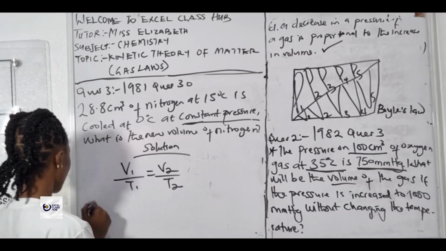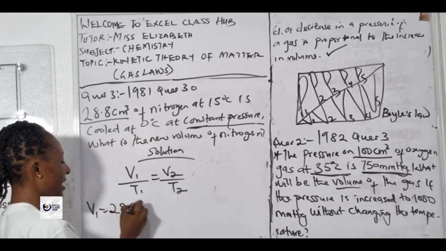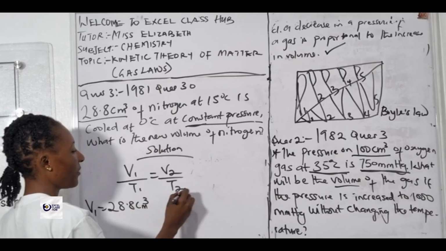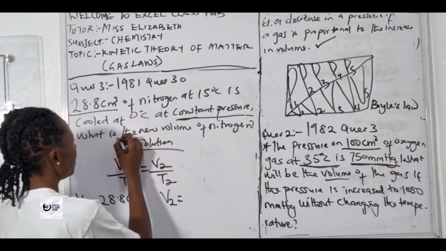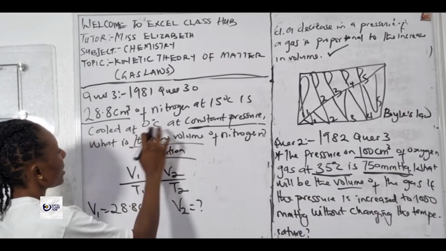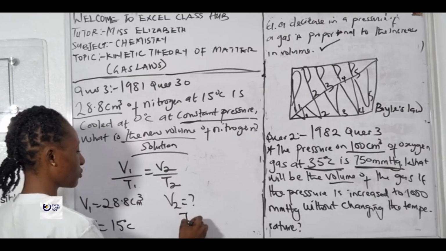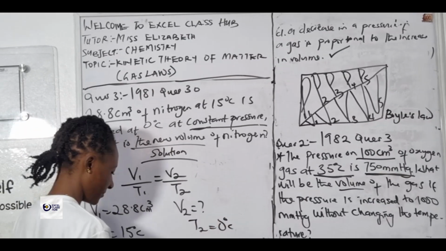But in a situation whereby you don't know the formula to use, the next thing you do is write out your variables. So we have our V1 to be 28.8 centimeter cube. Our V2 is what we don't know, the new volume, unknown. Our T1 is 15 degrees Celsius and our T2 is 0 degrees Celsius.